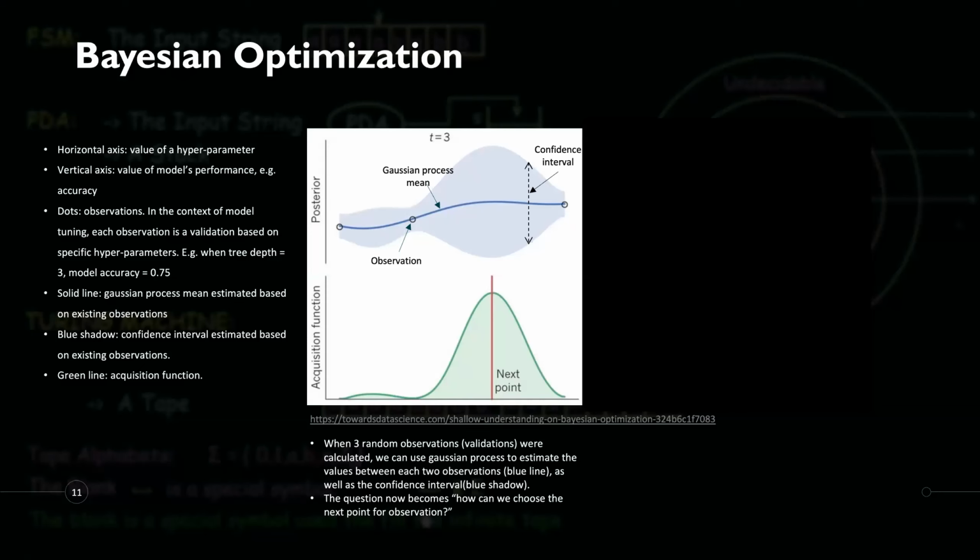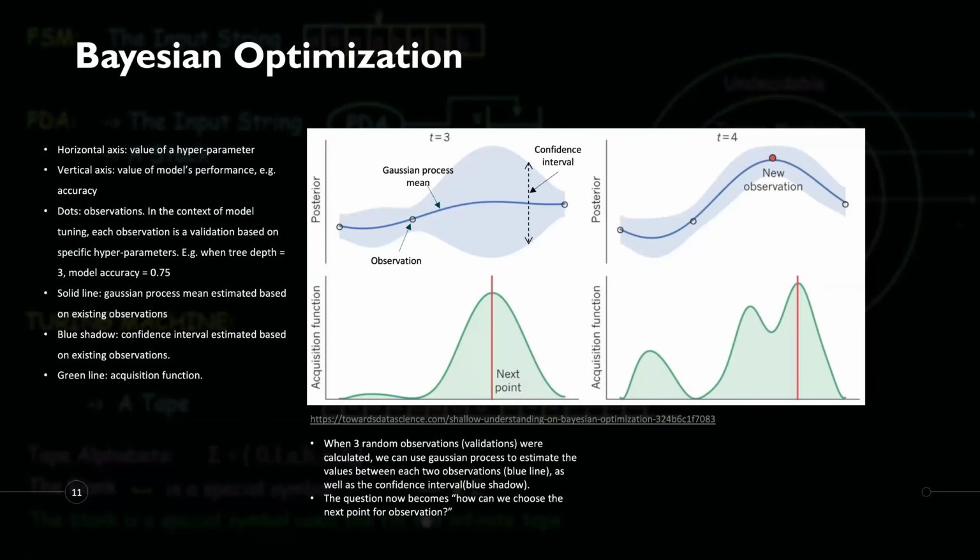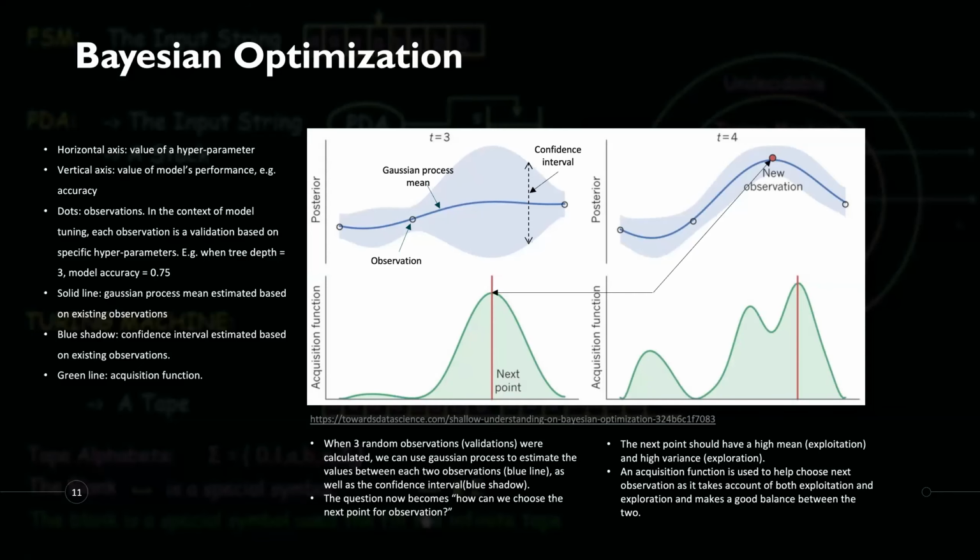It turns out to be a problem some of you may be familiar with, the exploitation versus exploration trade-off problem. So what does that mean? If we take a look at the left-hand side of the diagram, right?